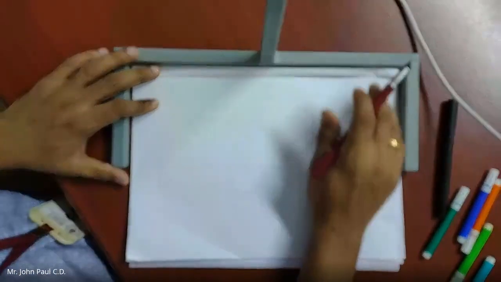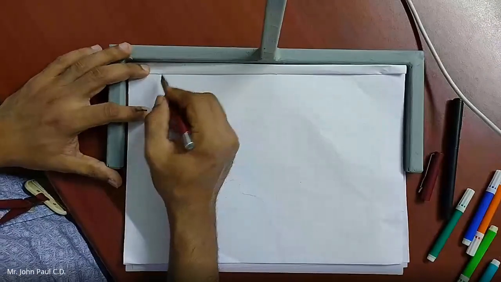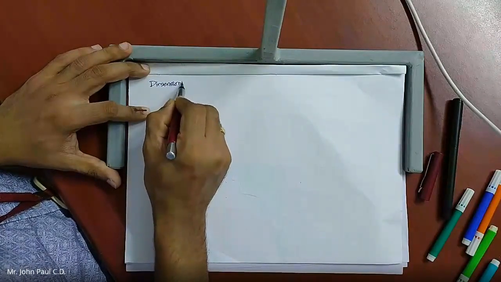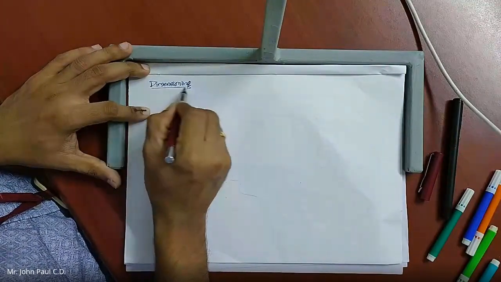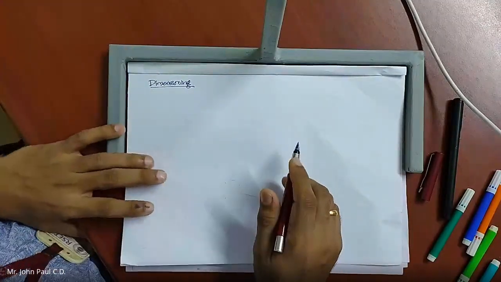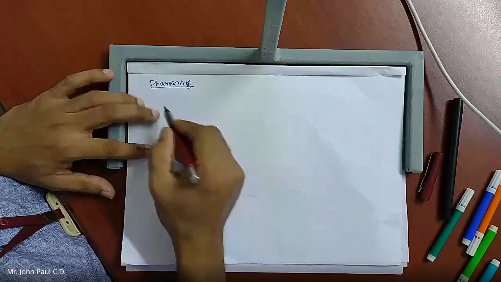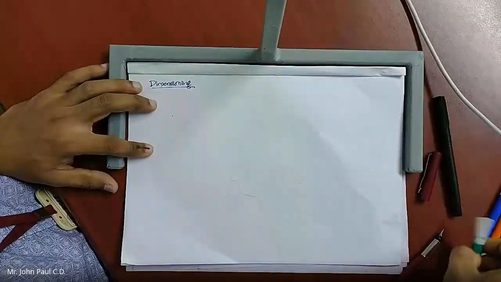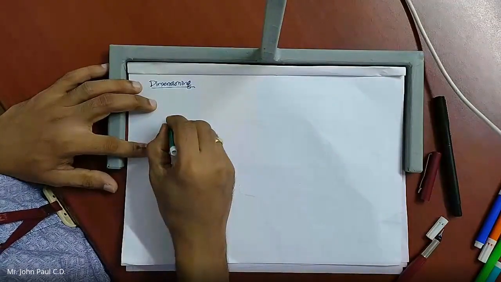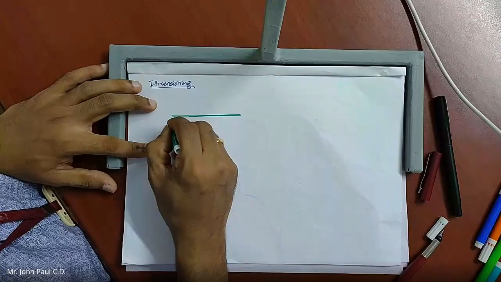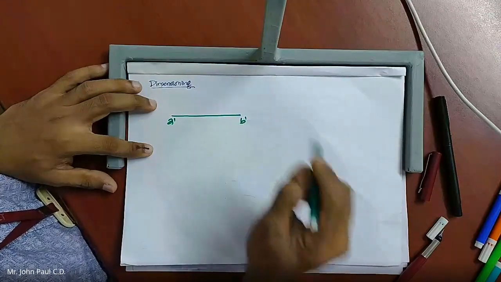I hope. So today we are going to learn dimensioning, how to mark the dimension. So if I want to mark the dimension of this particular line, say this is a front view called A dash B dash.